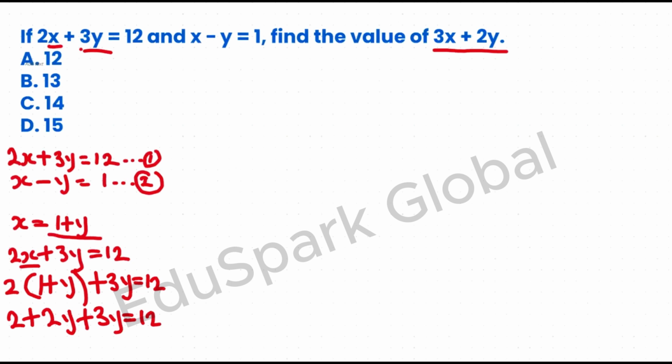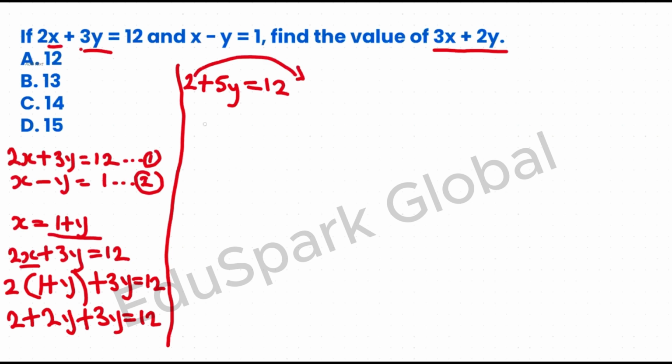So we have 2 plus 2y plus 3y, which will give us 5y equals 12. Then we collect like terms. 2 will cross the equality sign, and it will change from 2 to minus 2. So we're going to have 5y equals 12 minus 2.